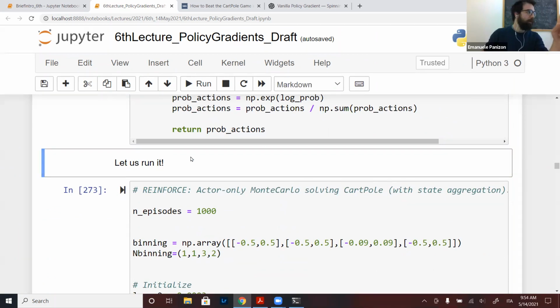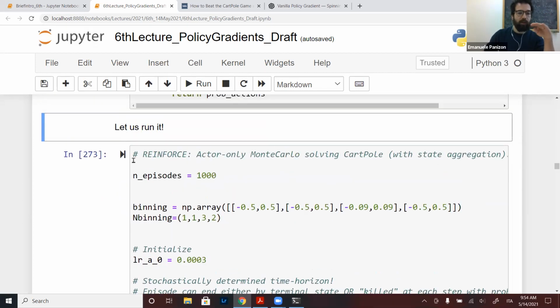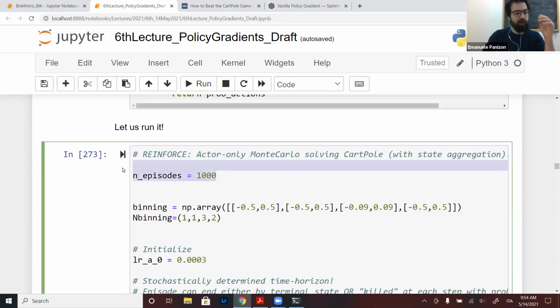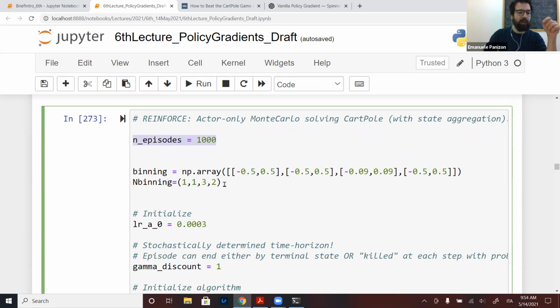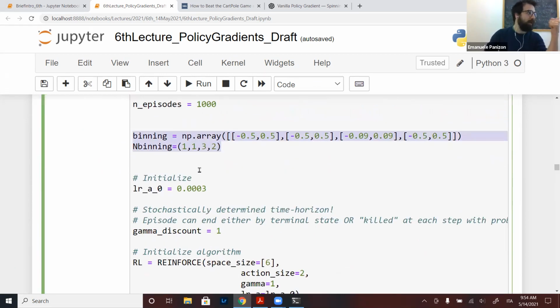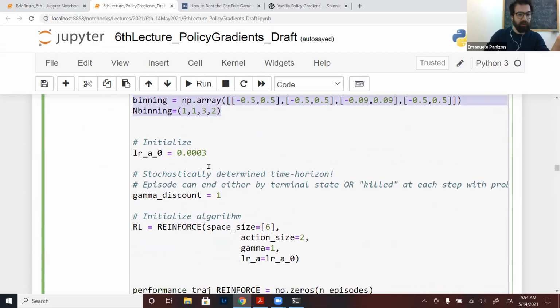Okay, first of all, this is, as always, the same trial loop which I'm doing. I have a number of episodes. I have this binning, which is the smart binning, which leaves us with only 6 possible states.